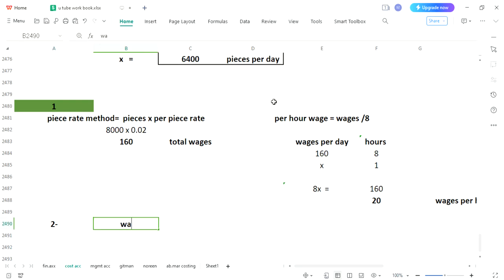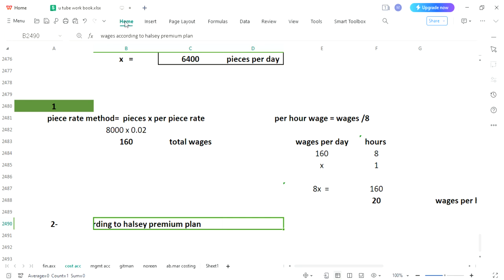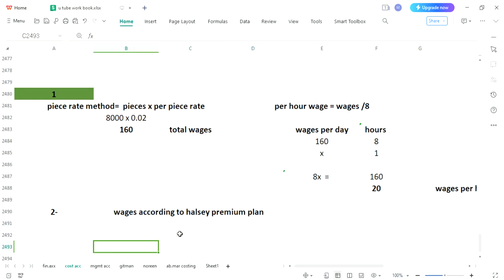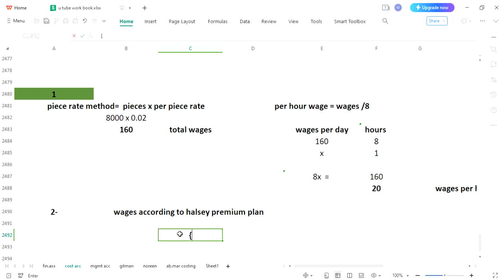Now wages according to the Halsey premium plan. Halsey was an economist. He had introduced this method. So the formula would be presented over here. The first part would be T multiplied by R. I will explain later what T and R are.